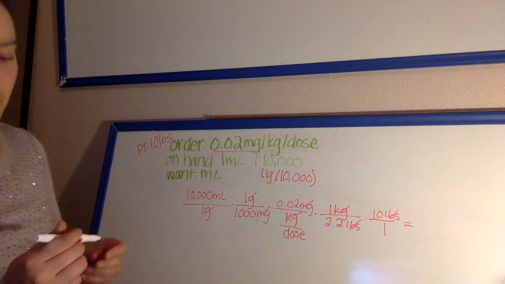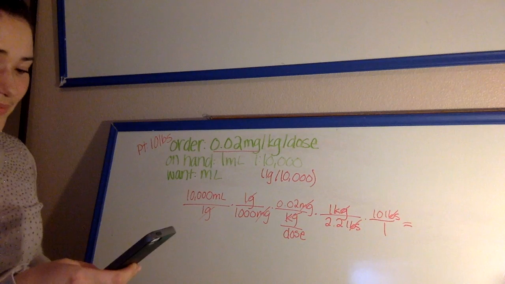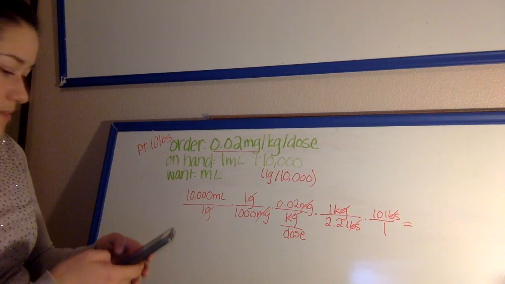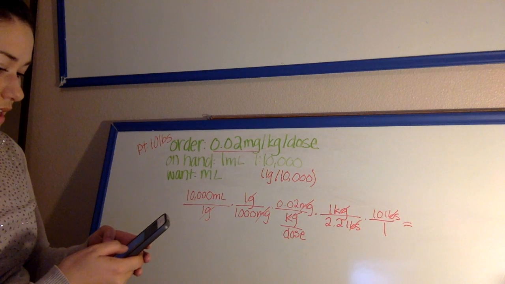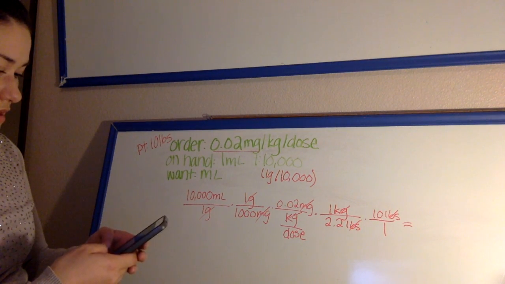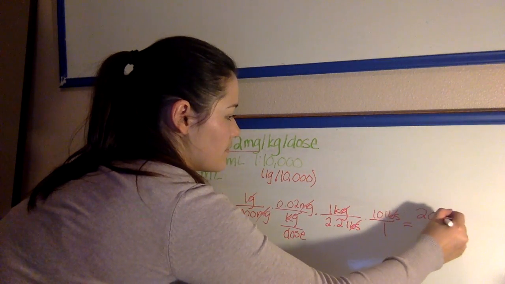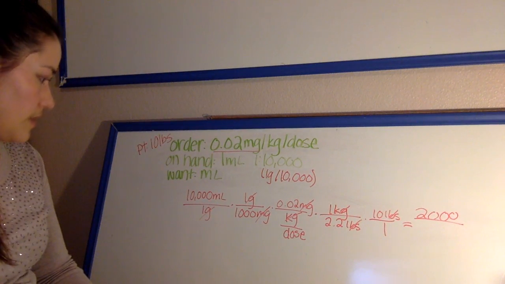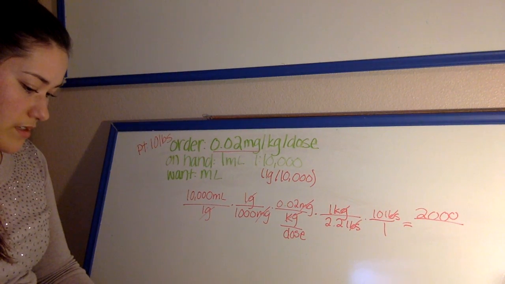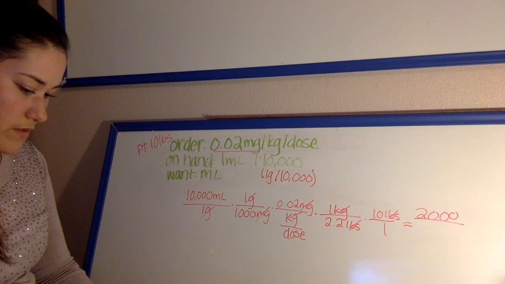And I'm not that smart, so I'm going to pull out my calculator. I have my 10,000 milliliters times 0.02 times 10. That equals 2,000, over my 1,000 times my 2.2 pounds.